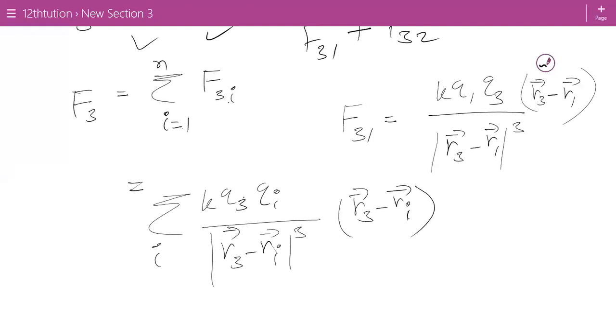In that way also you can write the total force on the third charge for n number of charges.